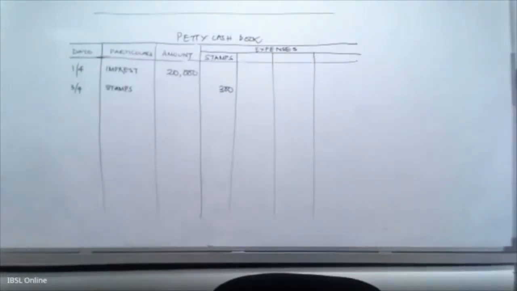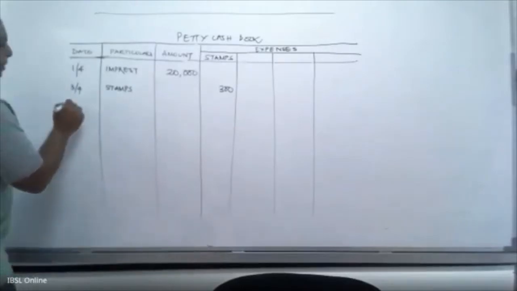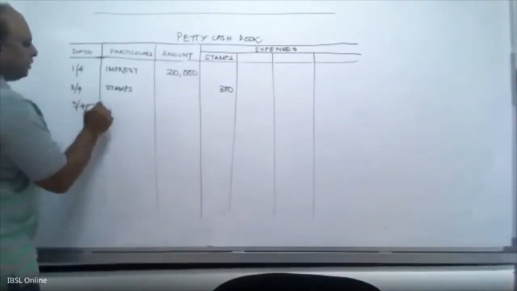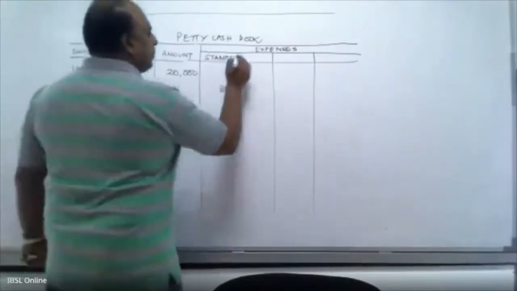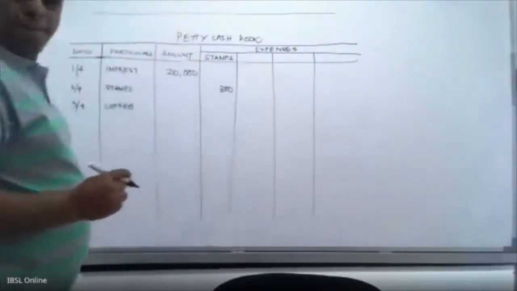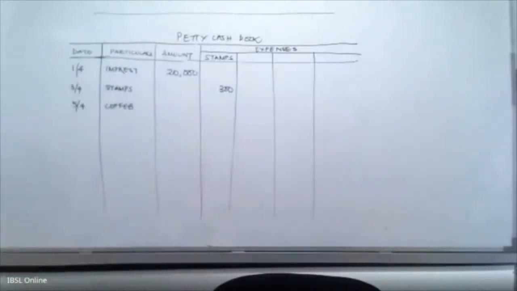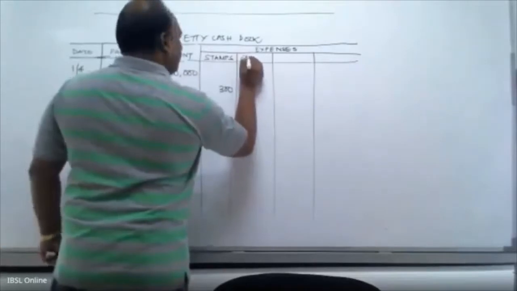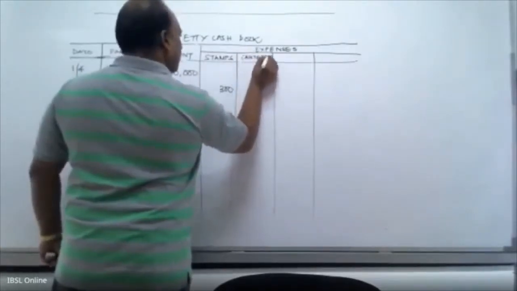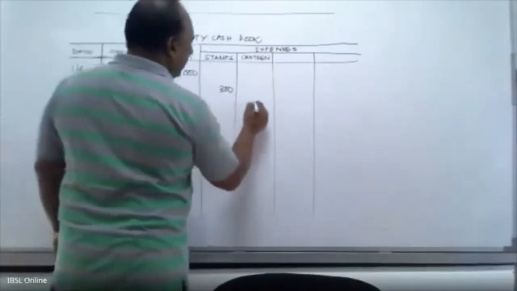And the next item is on 5th April, there is a coffee voucher which is for 150. So there had been a visitor and you have given coffee. So here we will say this was given to the, let's say, canteen. So whatever you buy from the canteen, you put it there.